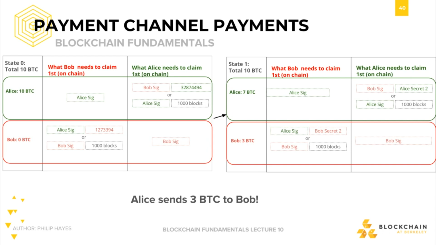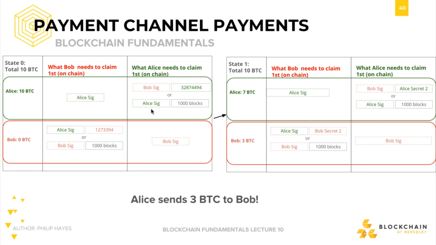Yeah. How can Bob know that Alice has gone back to state 0 and is trying to prevent her from getting her 10 Bitcoin? Okay, so if Alice tries to say, oh, I don't want 7 Bitcoin, I want 10 Bitcoin, the only way Alice can claim her 10 Bitcoin is by putting this on chain.